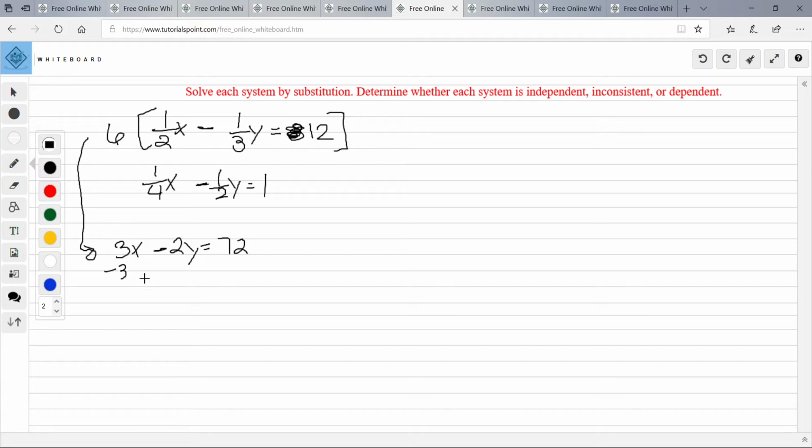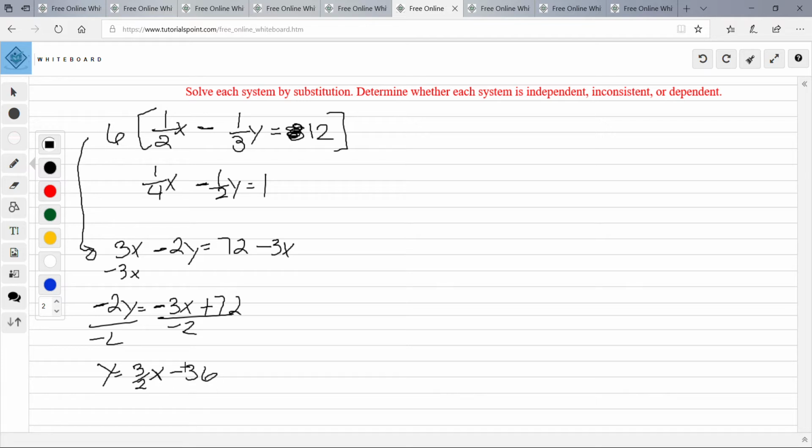Subtract 3x. So you get negative 2y equals negative 3x plus 72, divided by negative 2. So y equals positive 3/2 x minus 36.